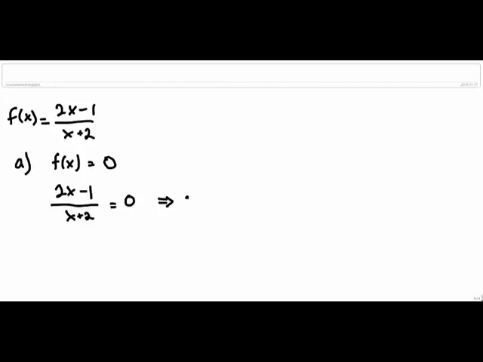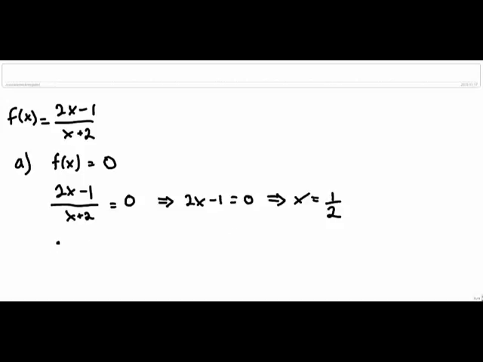So 2x minus 1 is equal to 0, and then this will lead to x is equal to, we move minus 1 to the right side, then divide by 2, x is equal to a half, 1 over 2. So this is the x-intercept.